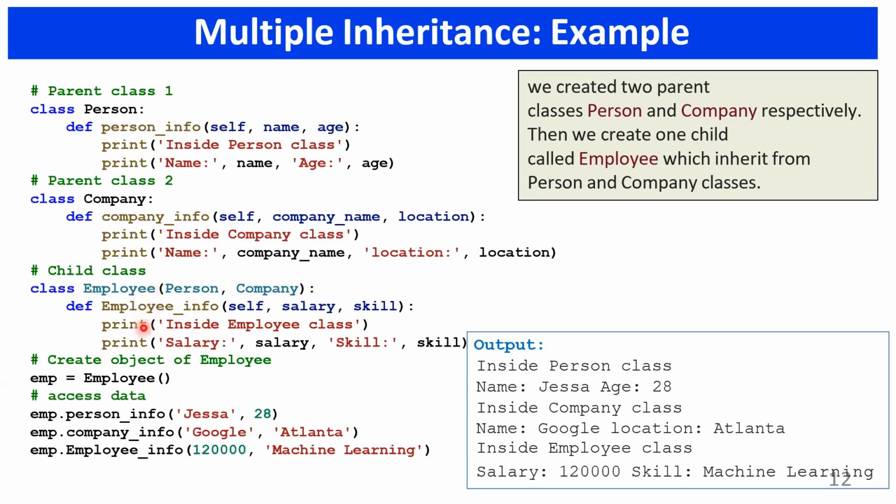So again, in this newly created child class employee, we are writing one more method, employee_info, where we are printing "inside employee class", and we are also printing the attribute values, salary and skill. So here we are using the parameterized constructors.